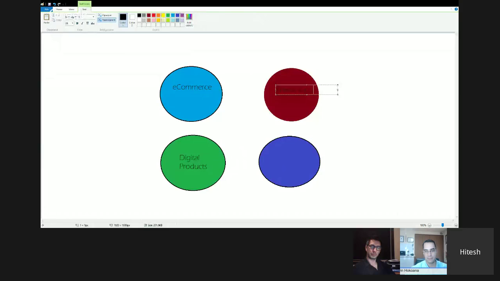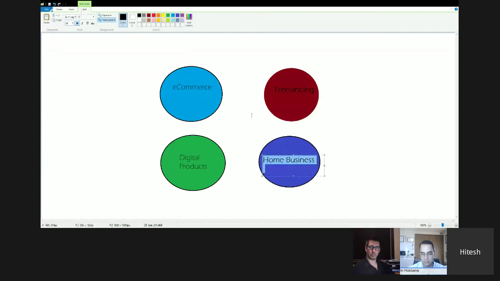We can. Okay, wonderful. So what I'm going to do here is I have 4 different circles, and these 4 different circles represent 4 major markets out there.